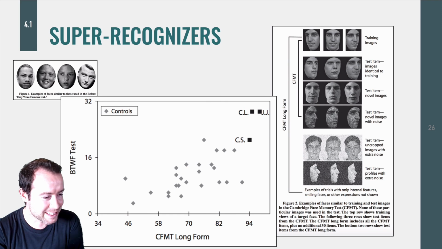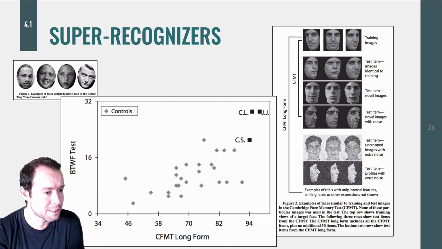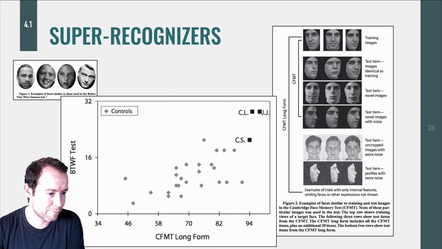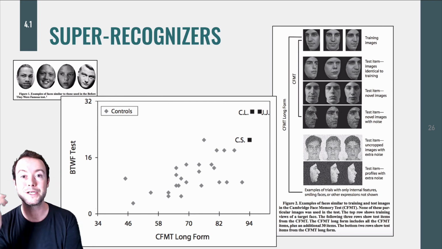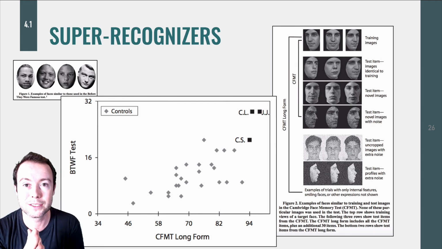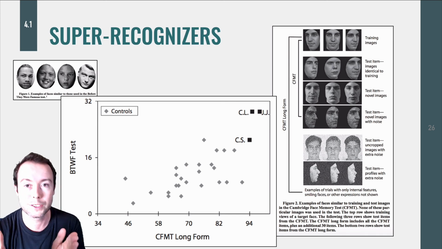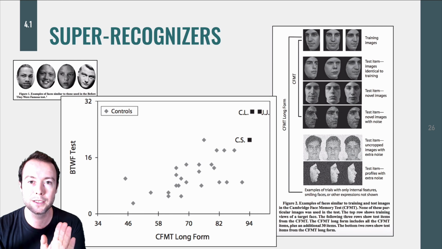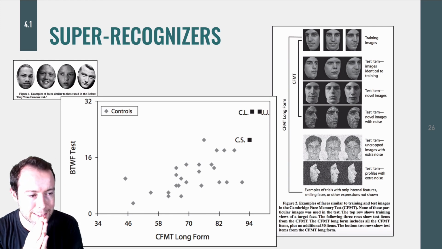Another way that you can assess people's facial recognition is to give them a version of the Cambridge Face Memory Test. In this figure 2, on the right hand side of the screen, participants would first of all be given a set of training images that you have to remember. So you're given a person's face from front on and then separate angles slightly off of center.